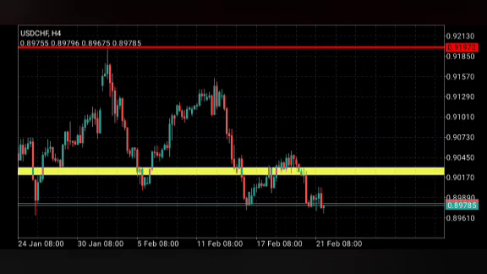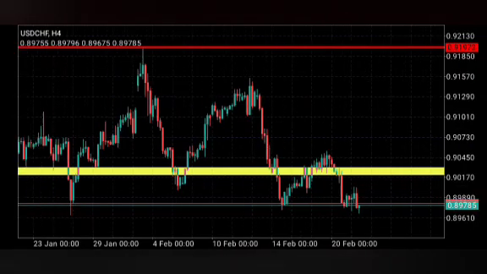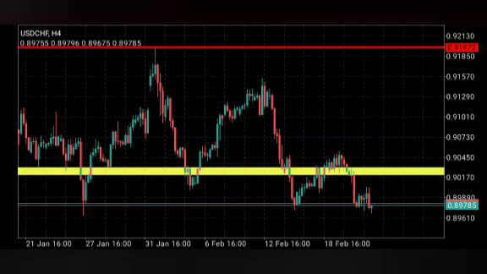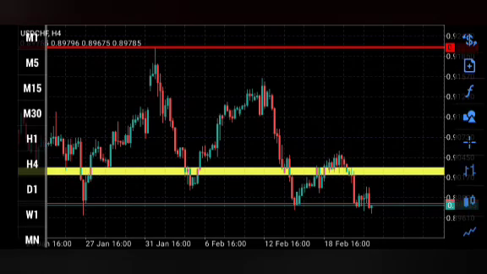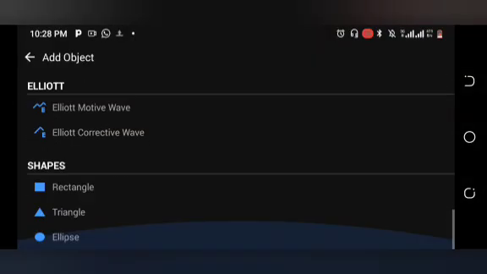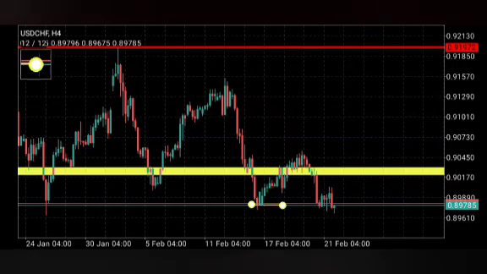So it is heading down. Basically, that's what I see. It is heading down.